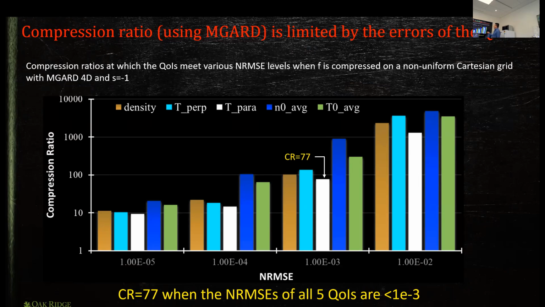And what you're looking at is that if you wanted 10 to the minus 3 accuracy, which is what the physicist said would be good enough, then you can get a compression ratio of 77. So not 1000, but 77. What we'll also see from that is that T parallel is the one most sensitive to the errors. So we have to care about it.